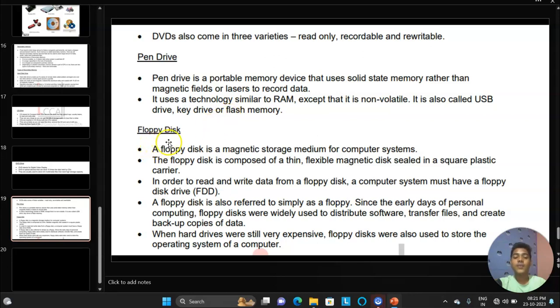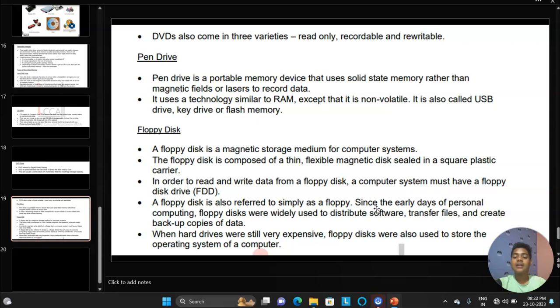Next one is the floppy disk. A floppy disk is a magnetic storage medium for computer systems. It is composed of a thin, flexible magnetic disk sealed in a square plastic carrier. A floppy disk is also referred to simply as a floppy.